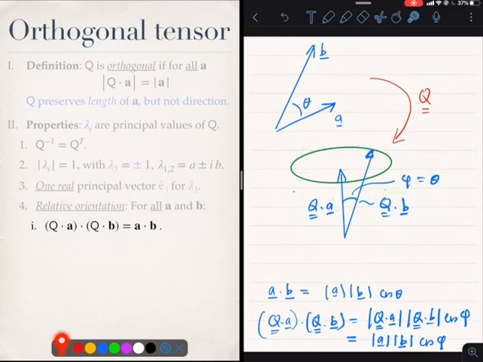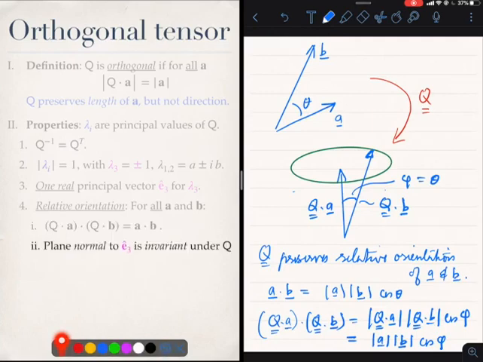That's a very important property. So Q preserves the relative orientation of A and B. Okay, great. So that's the first property.